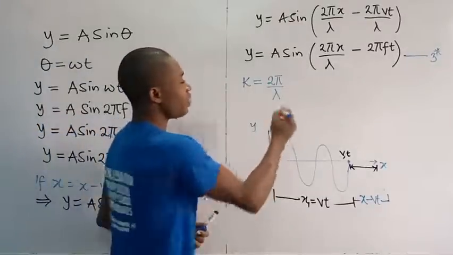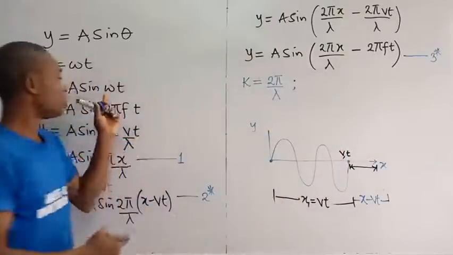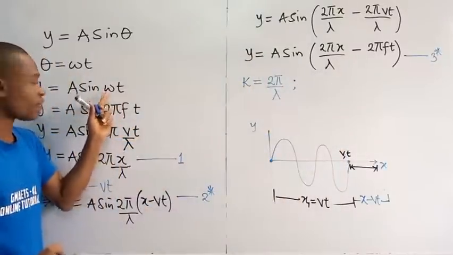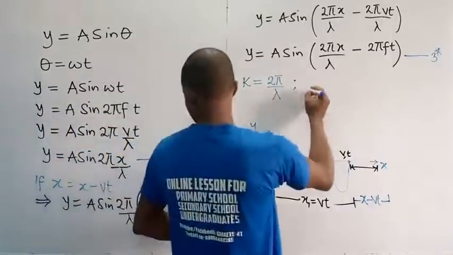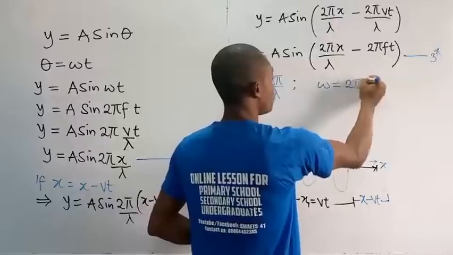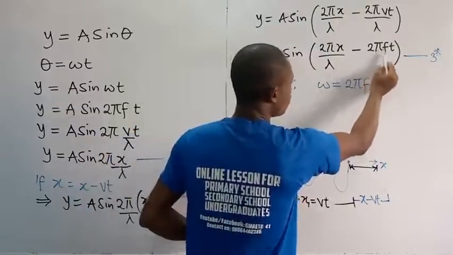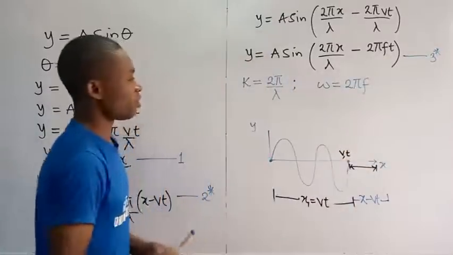Then, like I established in our previous class, 2 pi f is equal to angular frequency. So we are going to have that angular frequency omega, also known as angular velocity, is 2 pi f, which means that for this 2 pi f, we can use angular velocity to represent it.